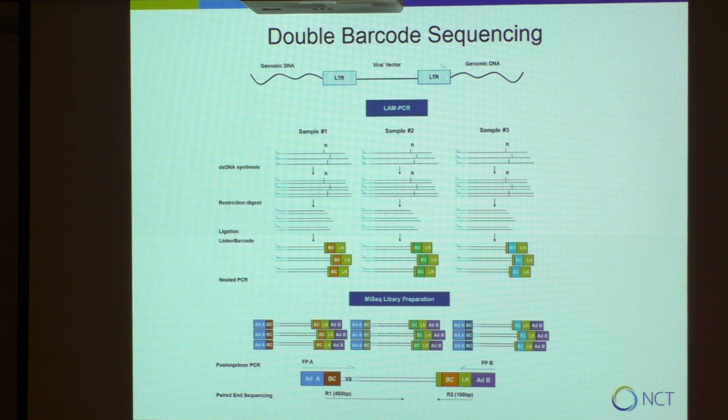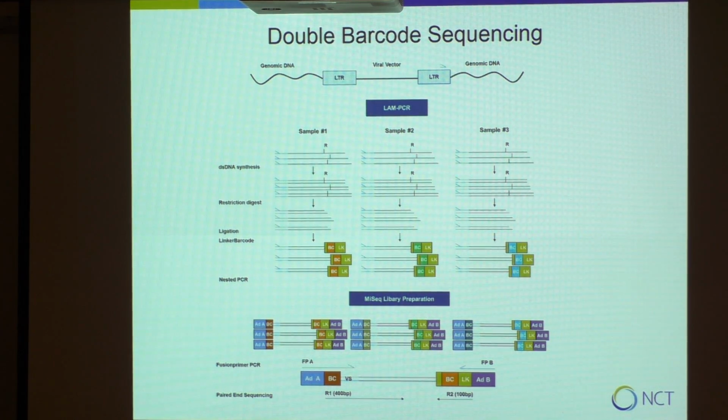What we have now changed, already in the context of the 454, but now we're also doing MiSeq, sometimes also HiSeq Illumina sequencing analysis, and with the MiSeq we reach about 15 million reads in one single run. We added another barcode which differs from the first barcode, and this other barcode, which I think is very important, as we also see from the collision rate or contamination rate, we add this first barcode already at the ligation step, where no exponential PCR is ongoing.